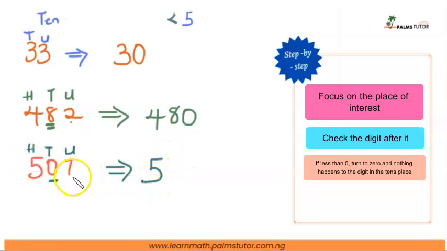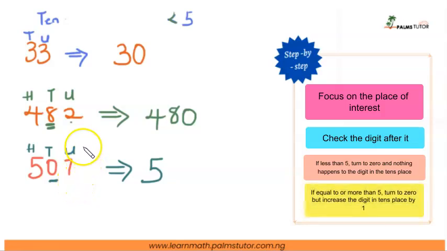Now, look at the digit after it, 7. Is it less than 5 or 5 or more? It's bigger than 5. That means it is big enough to make the digit in the tens place go up by 1. So what do we have? 0 plus 1 is what? 1. And then the units digit would have to go; it becomes 0. Do you know why?